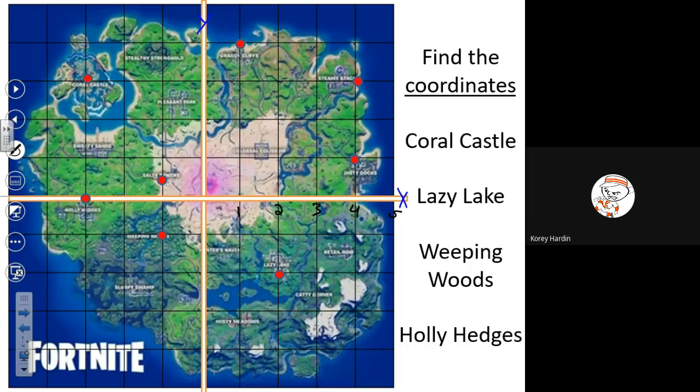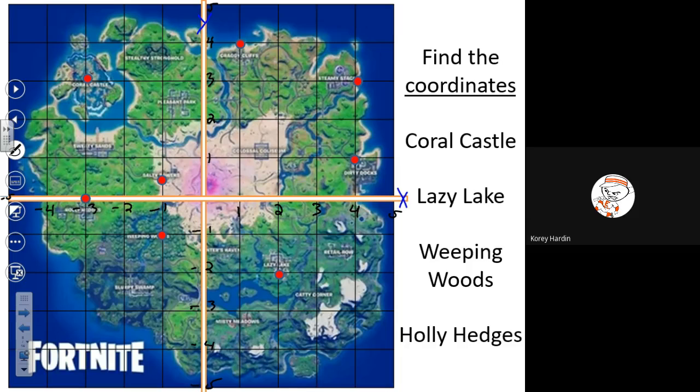Going up, I've got 1, 2, 3, 4, 5. To the left, I'm in negative numbers now. So negative 1, negative 2, negative 3, negative 4, negative 5 is over here. And then going down, negative 1, negative 2, negative 3, negative 4, negative 5. And this is the lovely fork knife map.